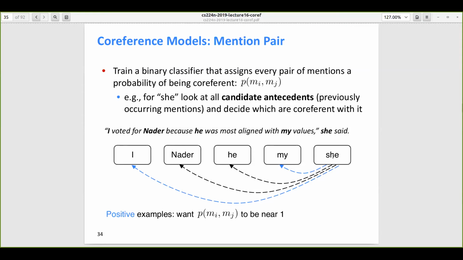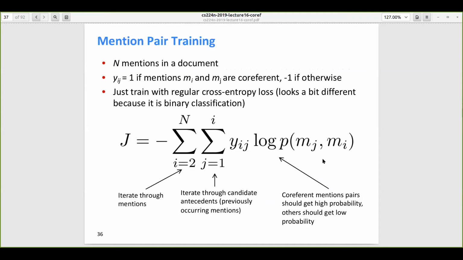So this is how we can train a binary classifier to get the mention pairs. Here are the negative examples: she and he, another and she. Once we have those examples, we'll train our classifier using cross entropy loss, which will help us in mention pair detection.